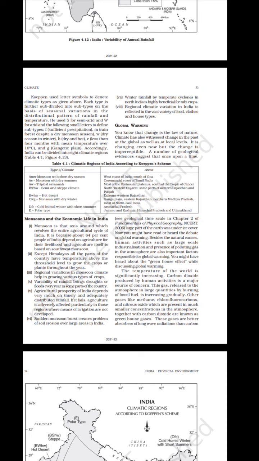Köppen uses letter symbols to denote climatic types as given above. Each type is further subdivided into subtypes on the basis of seasonal variations in the distributional pattern of rainfall and temperature.